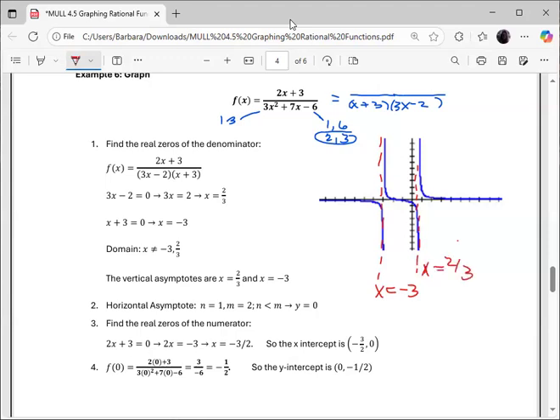All right, so we have our two vertical asymptotes. And notice we have three regions for which the graph is going to be shown.